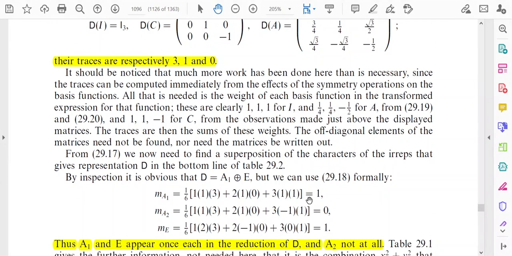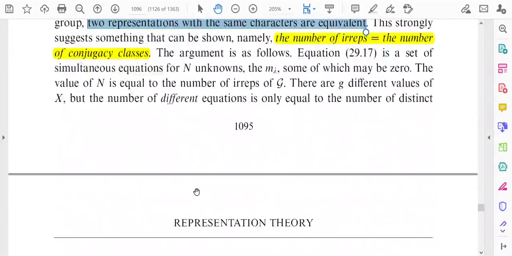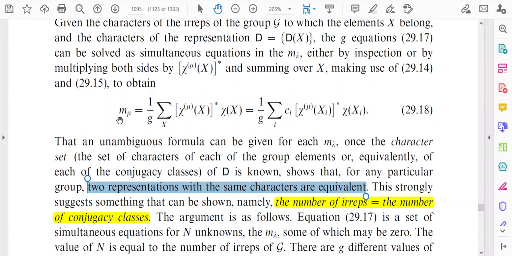Now we will use formula 29.18 to check how many times a particular representation is used for the construction of D. So you look at the formula again. This formula gives a mu, the number of times an irreducible representation appears, equal to 1 by G, where G is the order of the group, that is 6. Then Ci is the number of elements in the class, and this is multiplied by the product between the two representations.